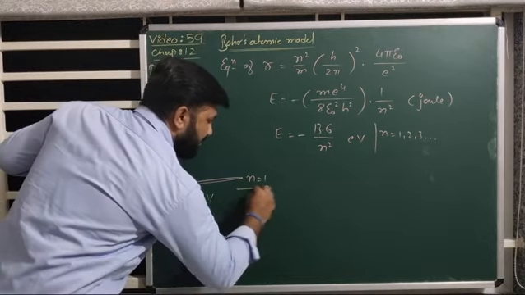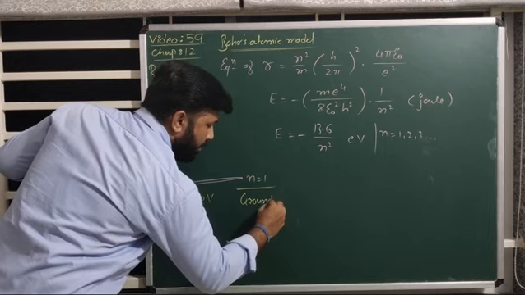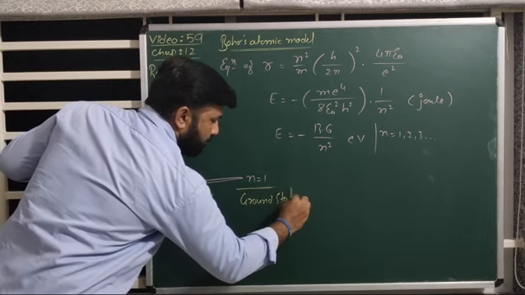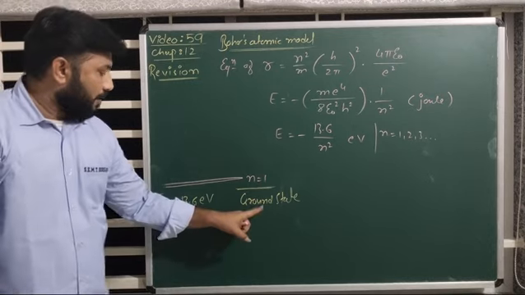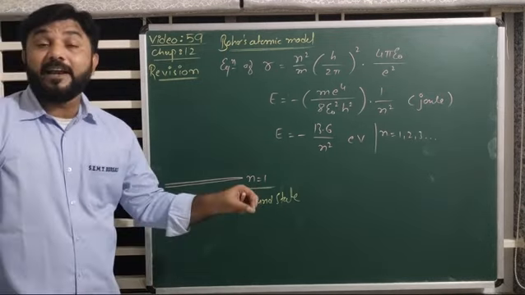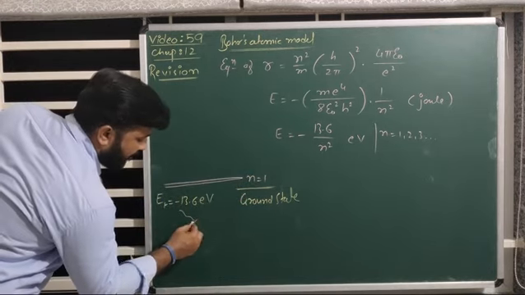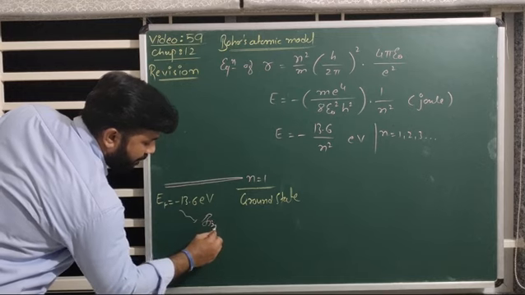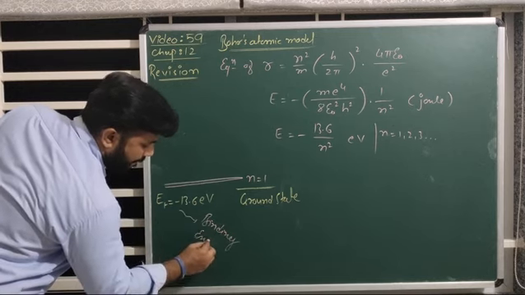And this stage is known as the ground state of an atom. In the ground state, the energy is minus 13.6 electron volt, and this energy is known as what is it called, binding energy.